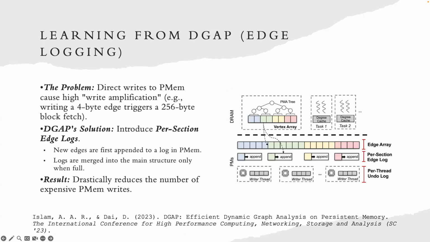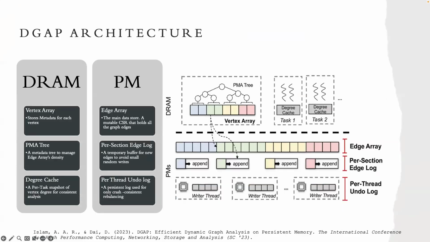It employs two logs in the PM. The log is in PM, but we still need to write into PM. Yeah, we are getting to that. So the initial vertex array, which updates the log, resides in the DRAM. And then we have the PM, where we have the edge array and per section edge log.